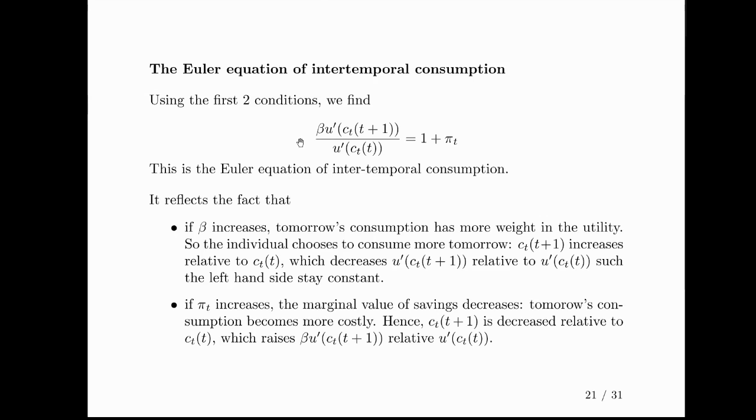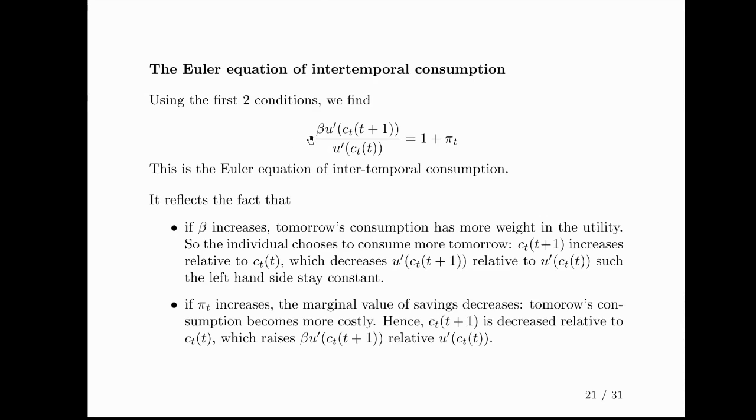I'm going to talk about what this means in general terms, and then we're going to put in the analytic version of U, which was log of Ct, so it's going to be even clearer, I think. So let me first start with this general form and what it means.